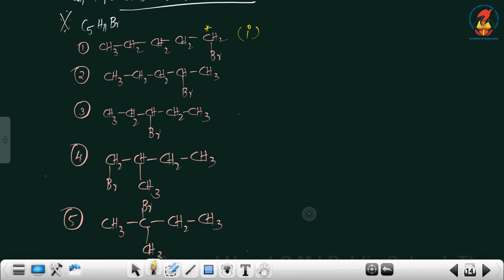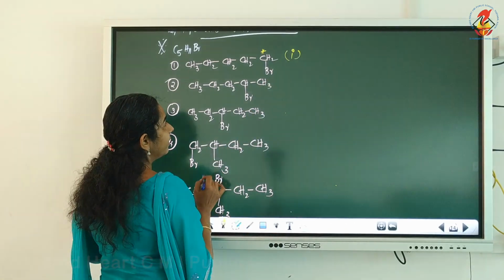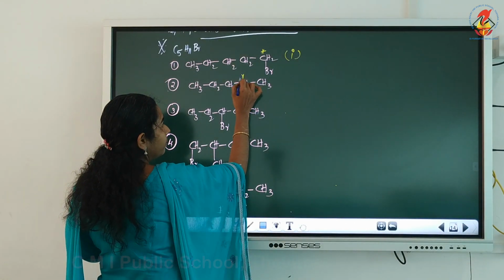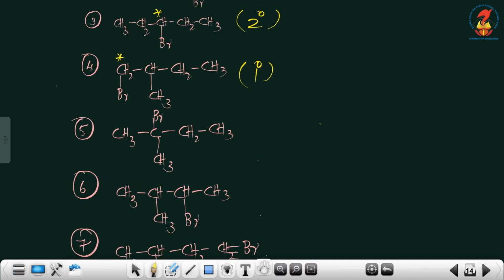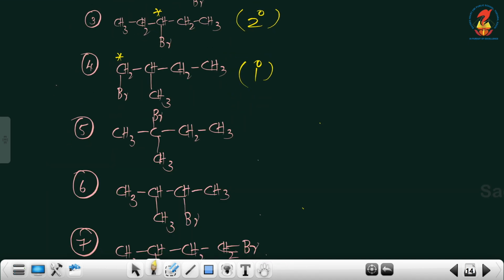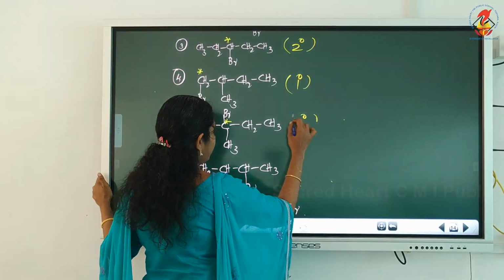If you want to classify them, the first one is a primary halide. In the second one, the bromine attached carbon is CH, so it is a secondary halide. The third one also, the bromine attached carbon is CH, so secondary halide. The fourth one, the bromine attached carbon is CH2, so it is a primary halide. In the fifth one, the bromine attached carbon is C without any replaceable hydrogen, so it is tertiary.